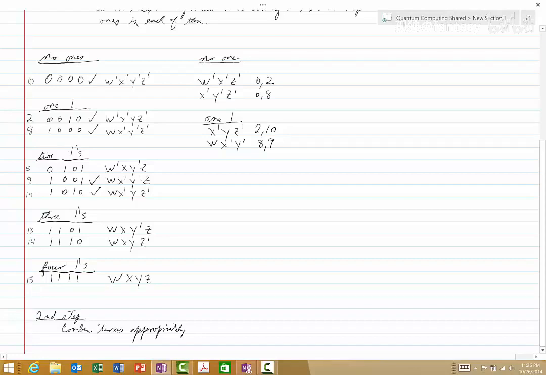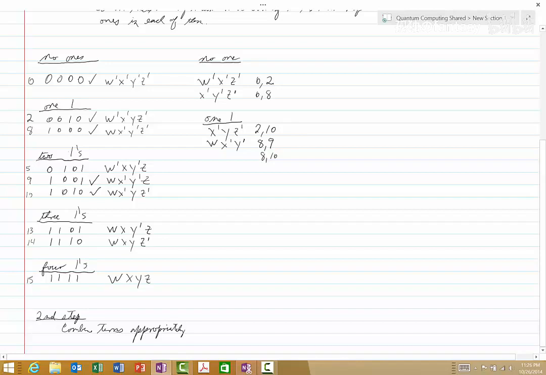And what about 8 and 10? Well, 8 is smaller than 10, so it's possible. And the difference between 8 and 10 is 2, which is indeed a power of 2, so those two should combine, 8 and 10. And look at these two and see if you can predict what will drop out. They differ only in the y position, so that drops out.